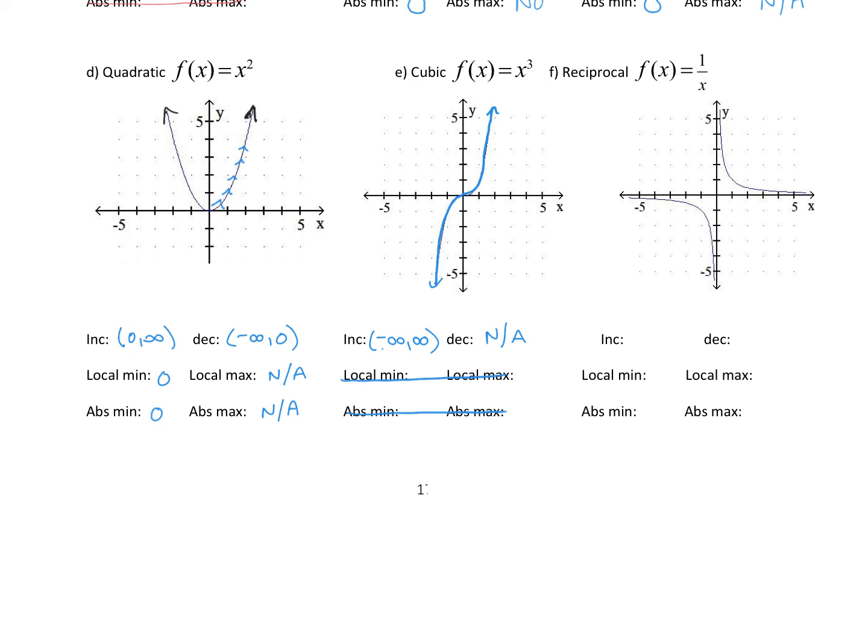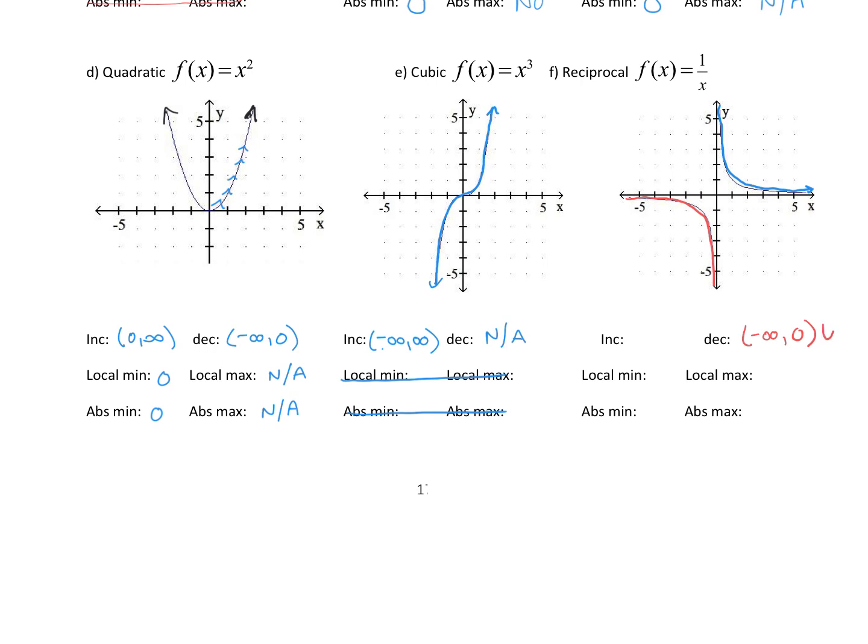Now for this one, you can notice that from left to right, if I draw this, my pencil's going down, so that's decreasing from negative infinity up to 0. Then we skip over 0, and we notice that this is going down also when I draw it.